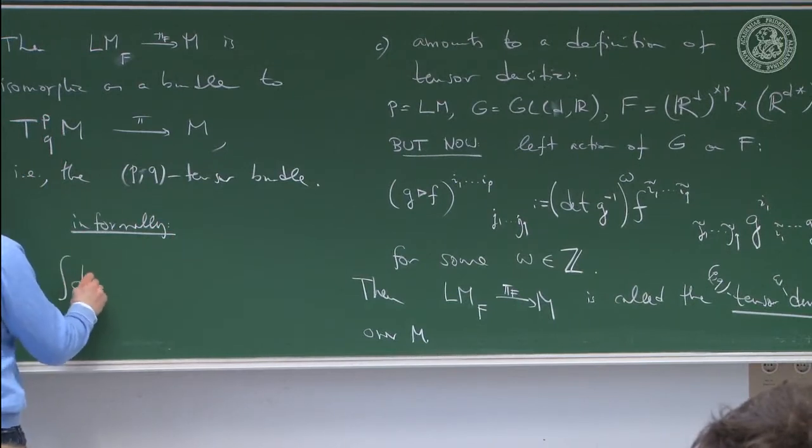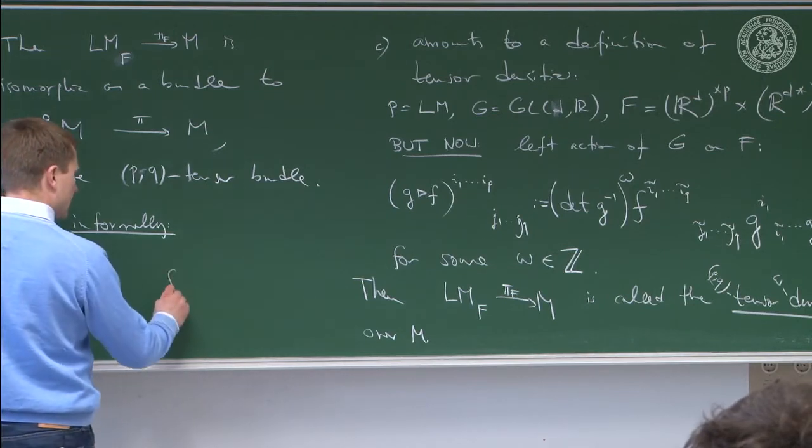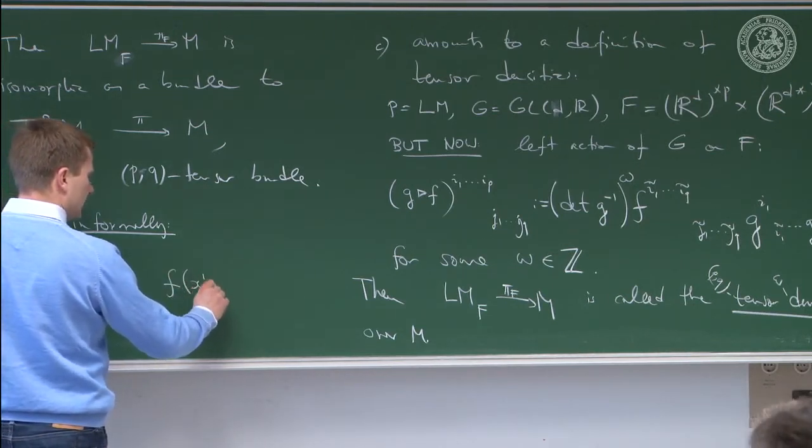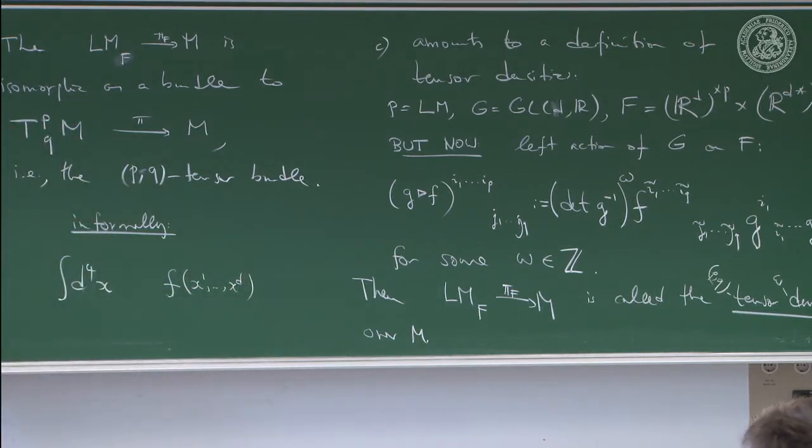If you write down an integral d to the 4x, obviously you can only do this in a chart. You have already chosen a chart because in the manifold you don't, so you do this. And now if you just take a function f of x1 to xd, also with respect to this chart, let's assume the whole manifold is covered by one chart.